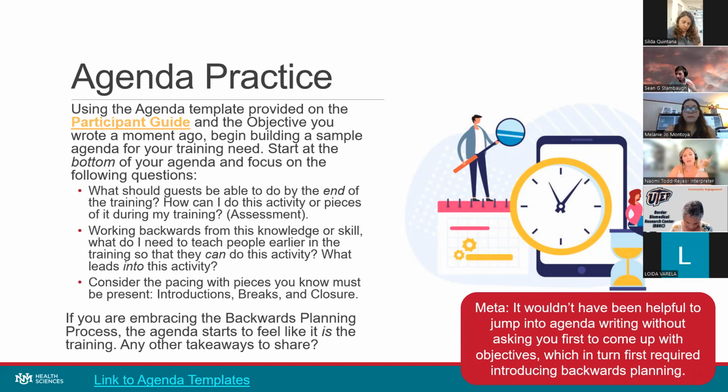And how can I do this or see this from my guests during my training? And then working backwards from that knowledge or that skill, what do I need to teach people earlier in the training so that they can learn what I want them to learn? What do I need to do to build up to that final activity or that final piece of learning?